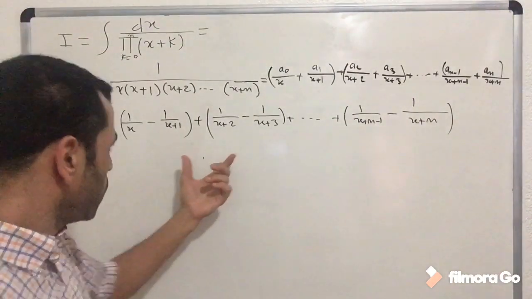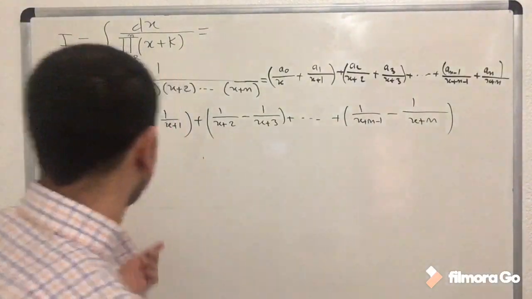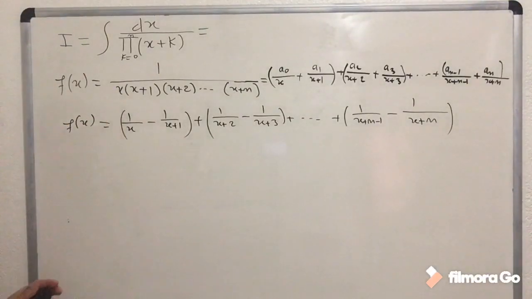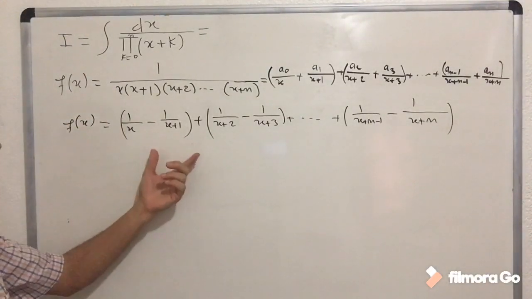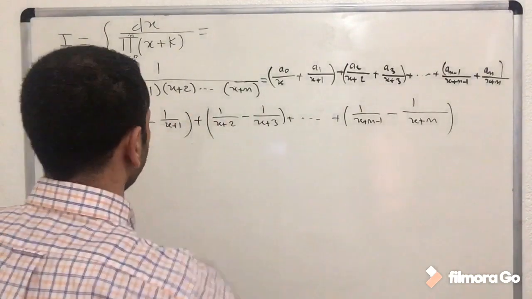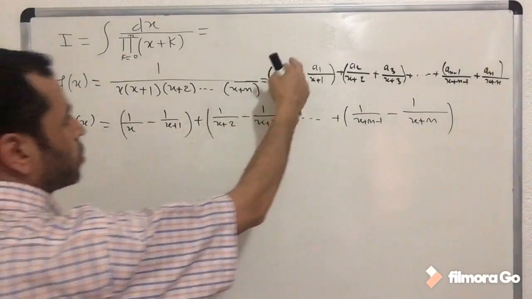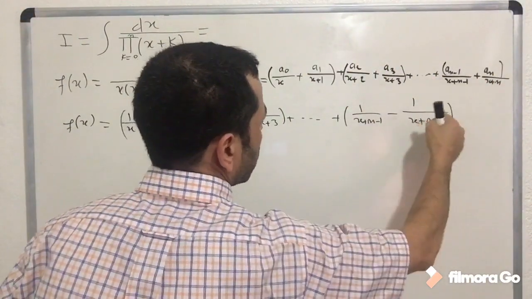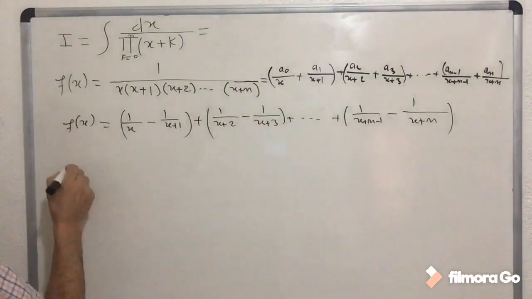Now it will be easier to integrate because we have separate fractions. Every single fraction has the number 1 on the top, which we already found for all the numbers a0, a1, a2, and so on, until you get the nth term. So let's integrate.